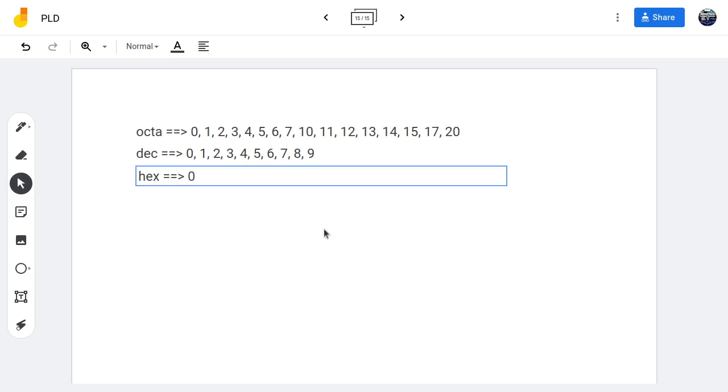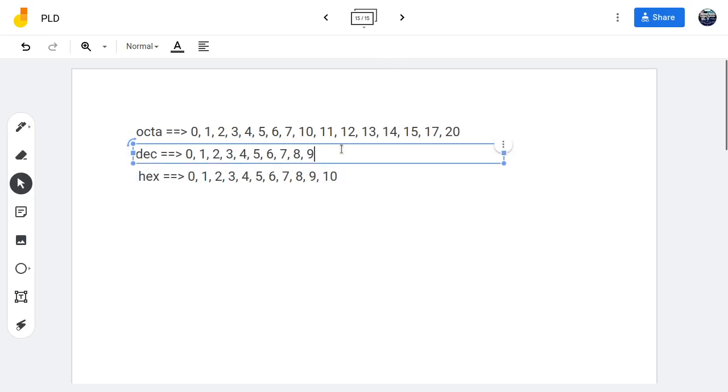It covers more than this guy. Hex is base 16. 1, 2, 3, 4, 5, 6, 7, 8, 9. Now this guy cannot begin. You understand that? Let me make this one as long as the other one. 10, 11, 12, 13, 14, 15, 16.